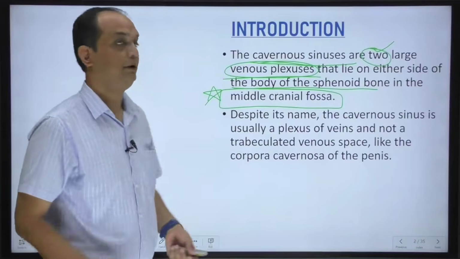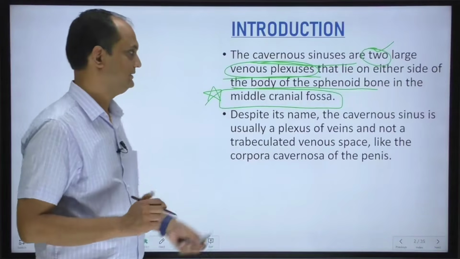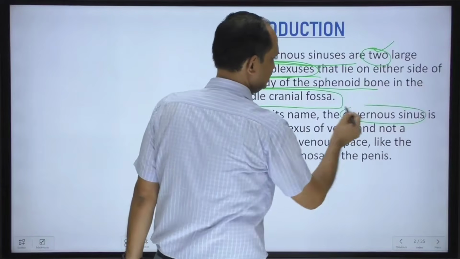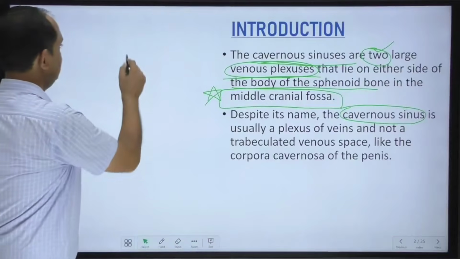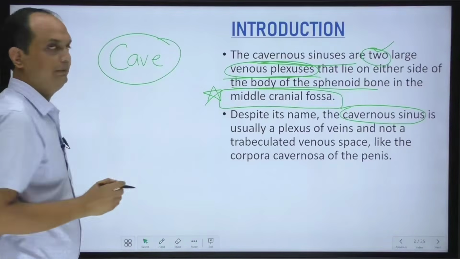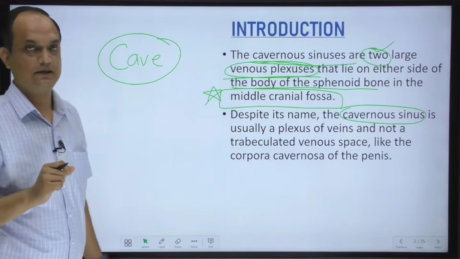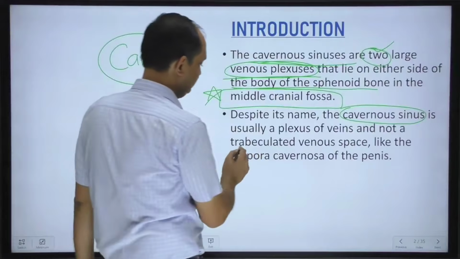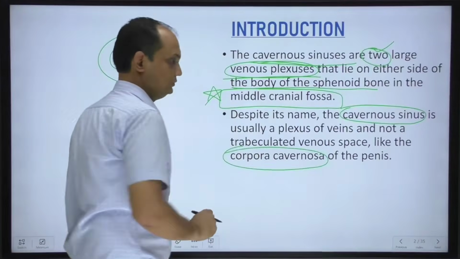Now another important thing about the cavernous sinus is that, as the name suggests, it is cavernous. Cavernous means it has multiple caves. Now what do you mean by cave? Small spaces. And the word cavernous we also use for the muscle known as corpora cavernosa.